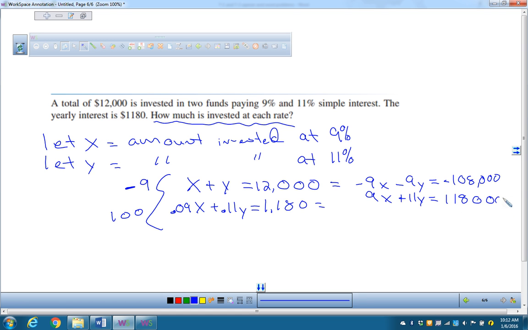One more zero, okay? And then I add them together. When I add them together, that goes away. I get 2y equals 10,000. Oh, easy. 10,000. So y equals 5,000. Numbers work out nice. And x equals 7,000, right? Just plugging back into that first equation.